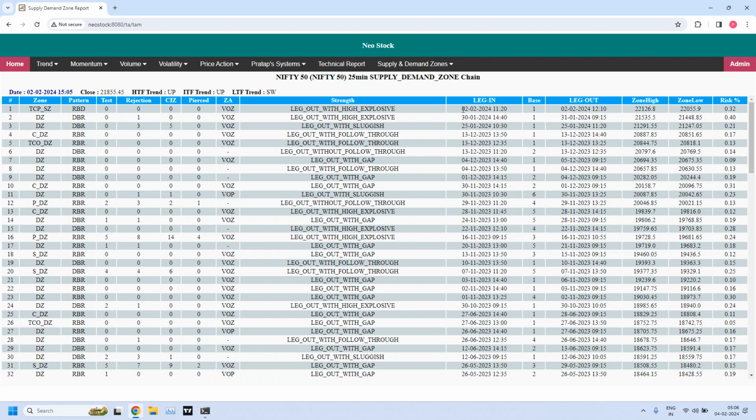Maybe they may support 1 test or 2 tests. If the price structure inside this zone is good, you should not forget that point, because we know when a zone will be violated. I already explained those conditions. So this is the 22,126 to 22,055 level.